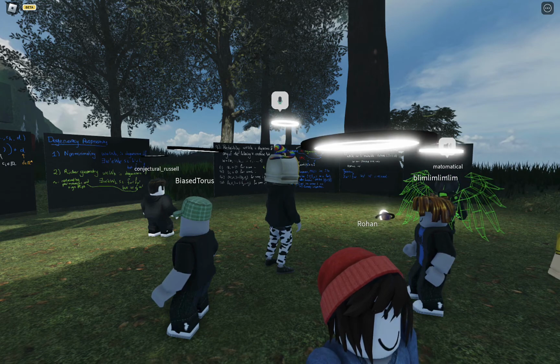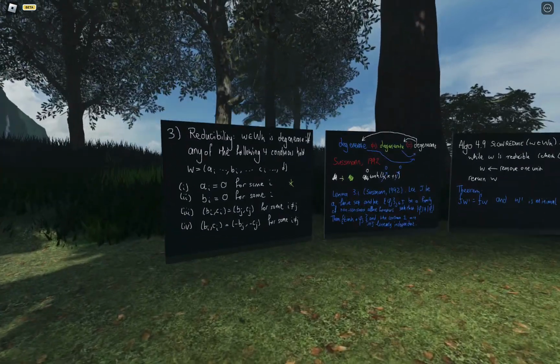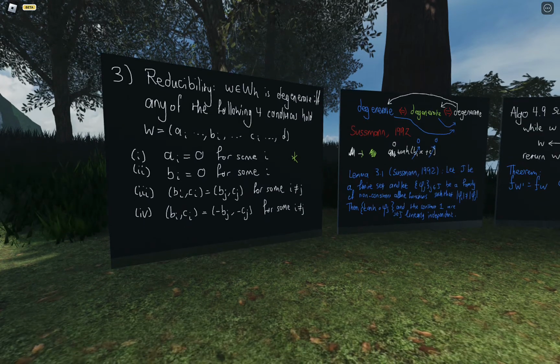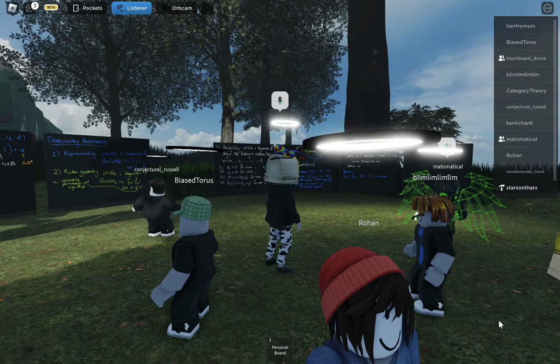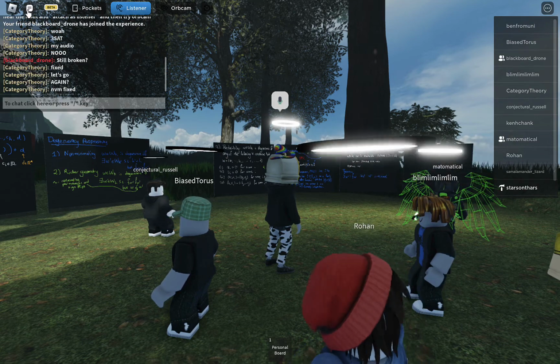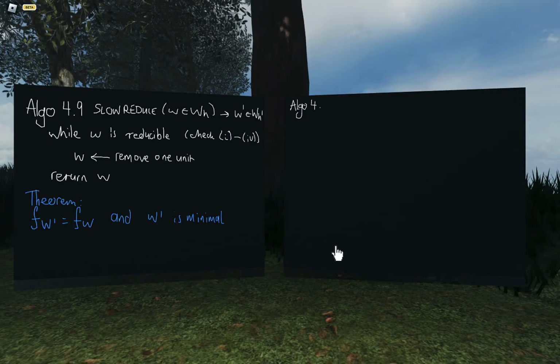Let's turn to fast reduce then. Oh, I should double check the chat as well. Okay, all good. Fast reduce, algorithm 4.12 in my thesis. It does the same thing in terms of its input-output behavior.